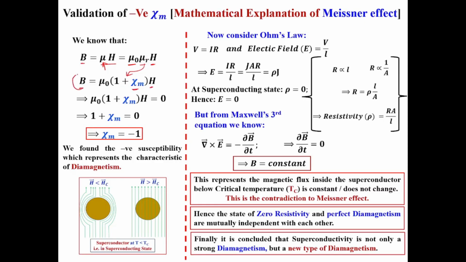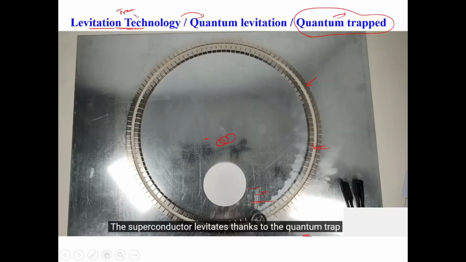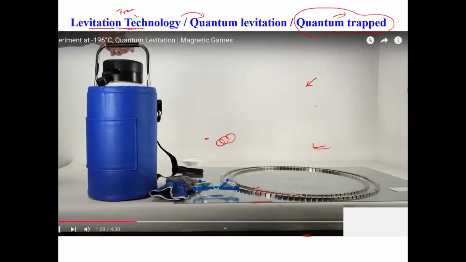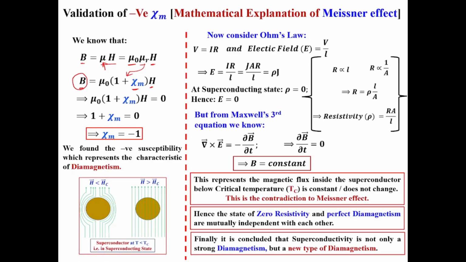And here we discussed that in case of Meissner's effect, there is no magnetic flux inside the superconductor. All of it is expelled by the superconductor. So inside the superconductor, in the superconducting state, the magnetic lines are zero, or we can say B is zero.